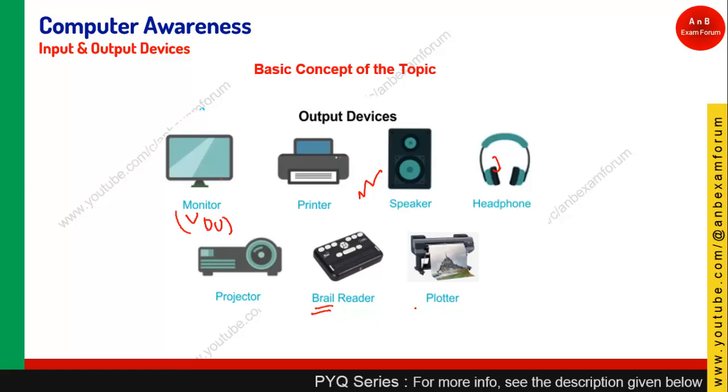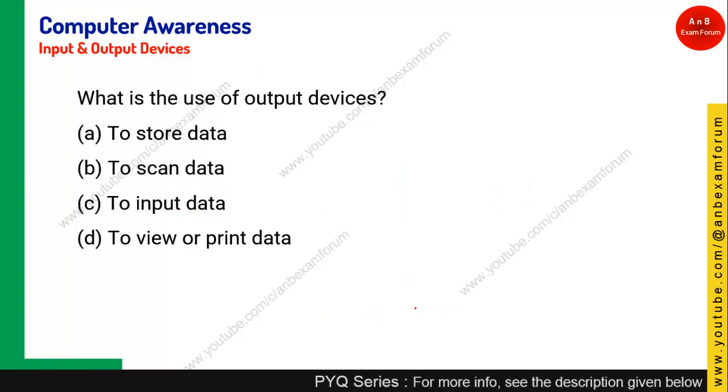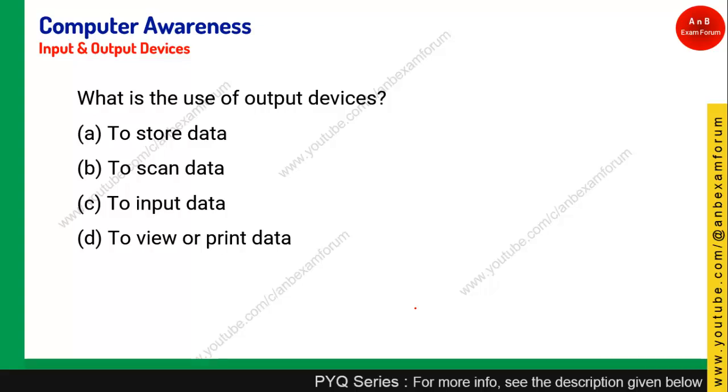In this session we have a lot of questions on input and output devices. If you watch this video, you will get one to two questions from this topic. So without wasting any time, let's go to the first question, which is on your screen. We will try to wrap up the session as quickly as possible because we have almost 50 questions.